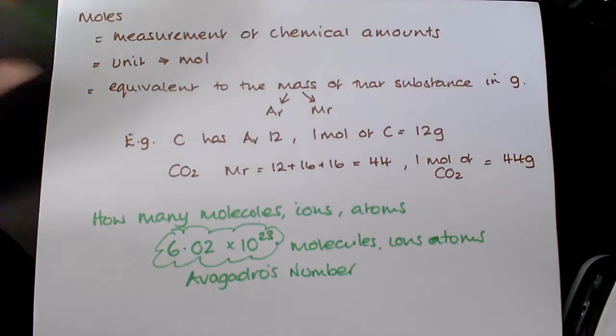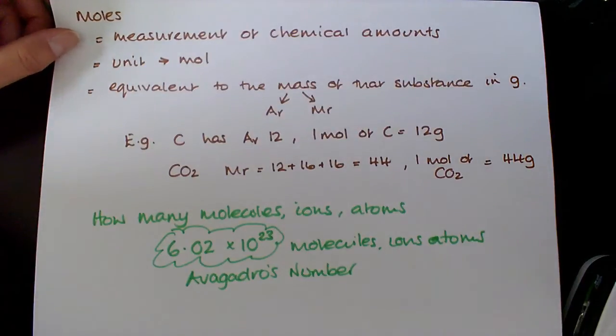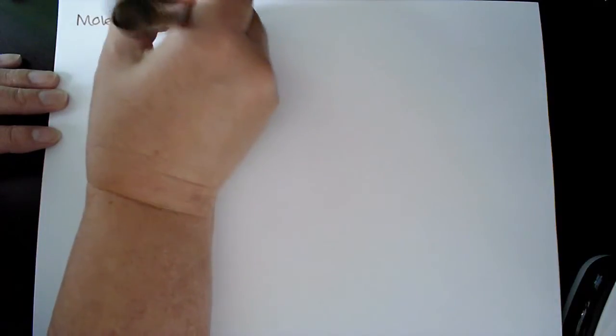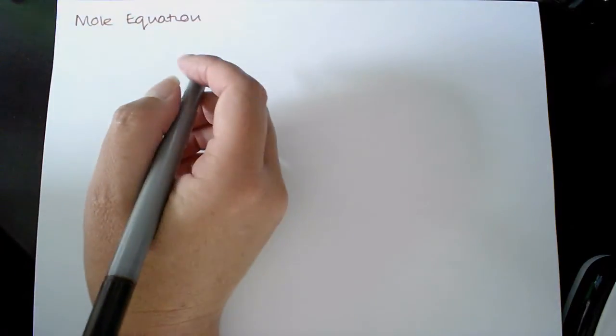So now we know what a mole is, how do we actually use this measurement in chemical reactions? And for that we need the mole equation. And the mole equation is relatively simple.